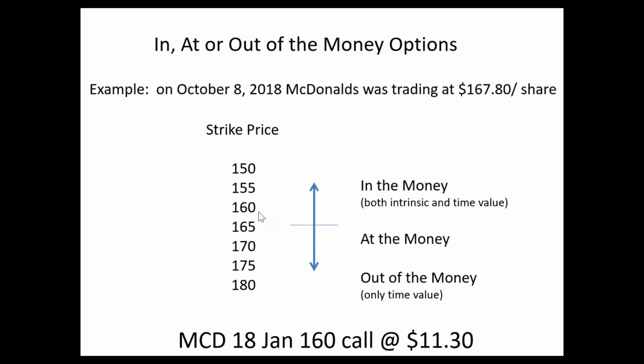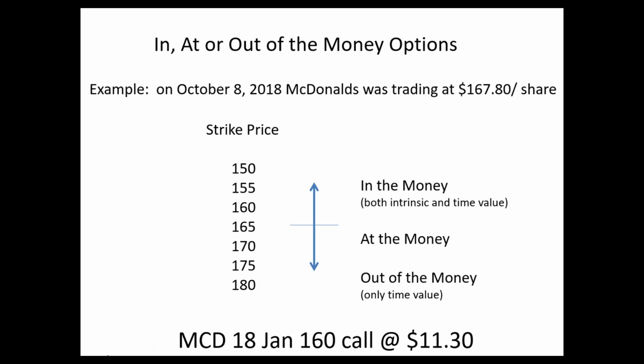You actually paid 160 for it, and the value of the shares is 167.80. Okay, so at the money is going to be right around 165, between 165 and 170. That's at the money, and anything above the price is out of the money. It has no value at all other than time value.